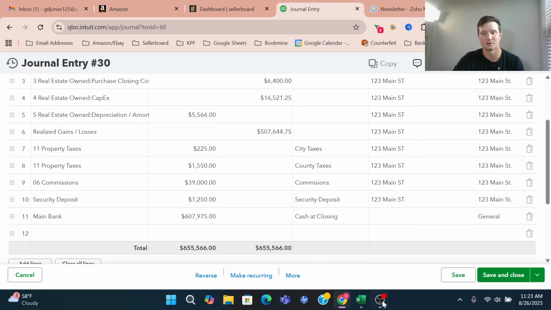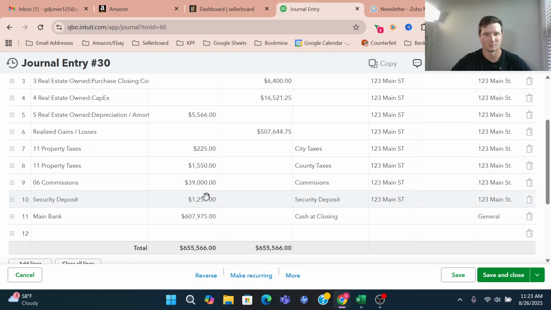Then we did have a security deposit when we purchased it. Obviously, if you held it for long enough, you're going to be bouncing back and forth on security deposits, like refunding some, moving some to profit, yada yada. However, it worked out over the life of the property.